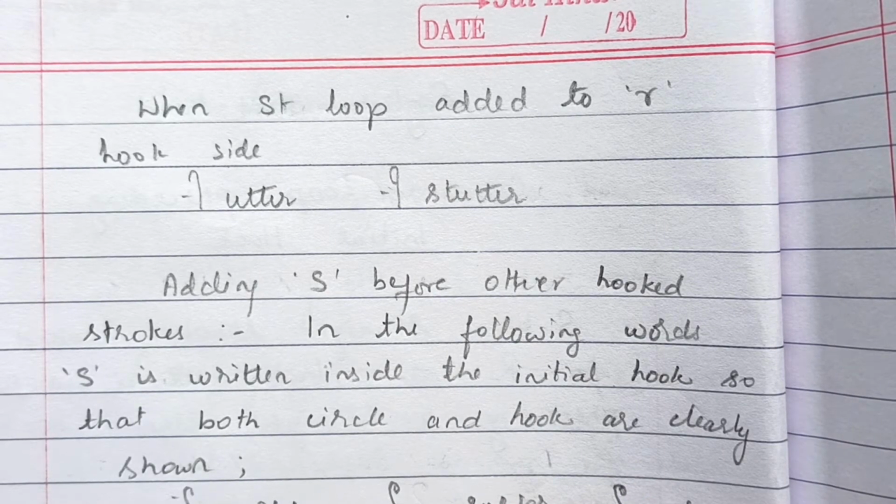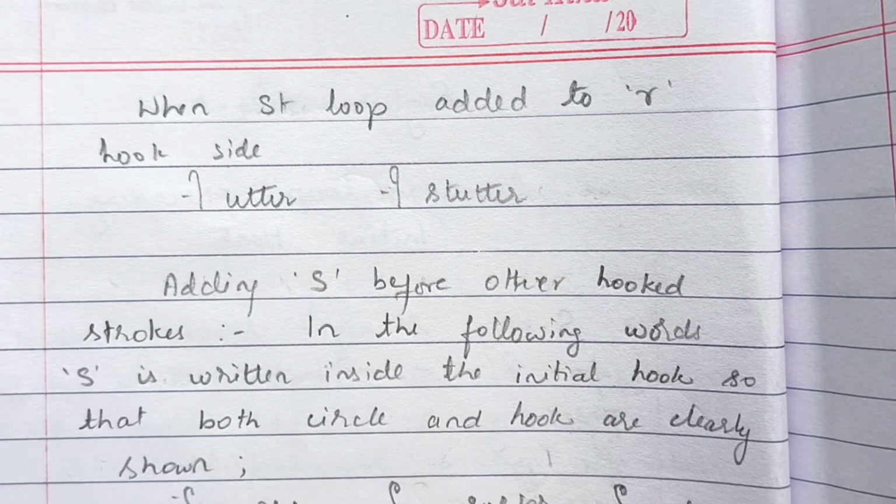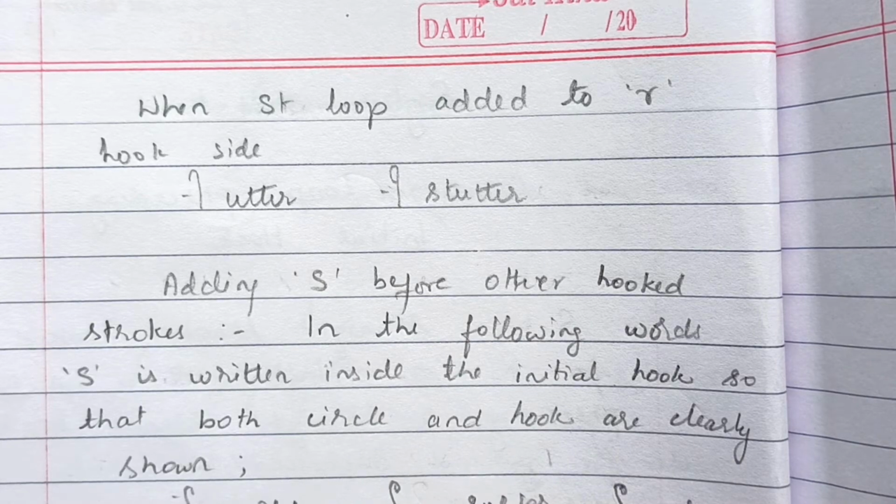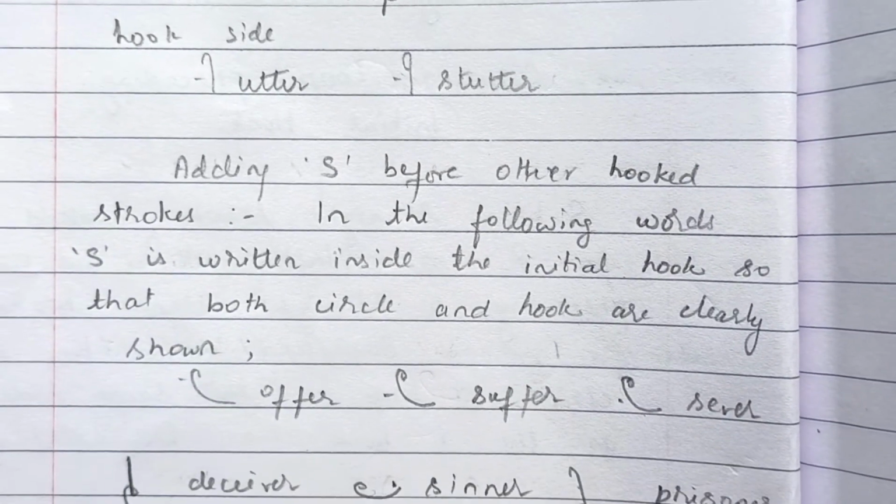So when you write the circle S for the initial hooked curves, it should be written very clearly so that both the circle as well as the hook are clearly seen.